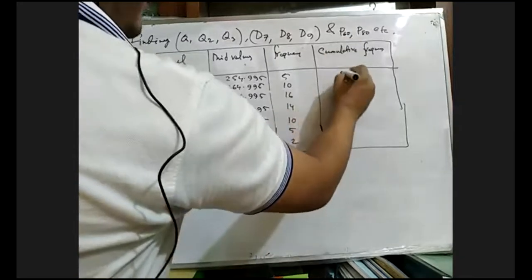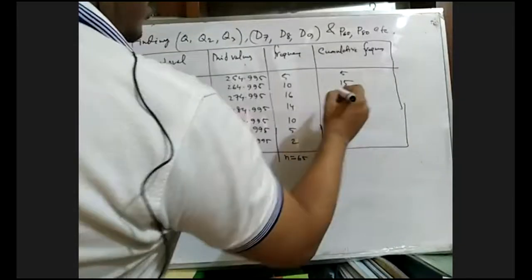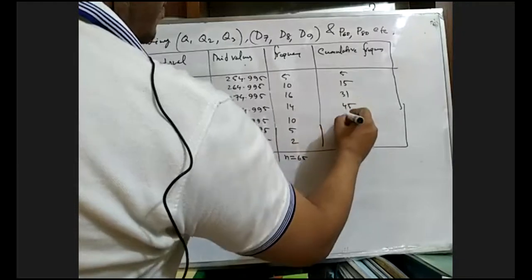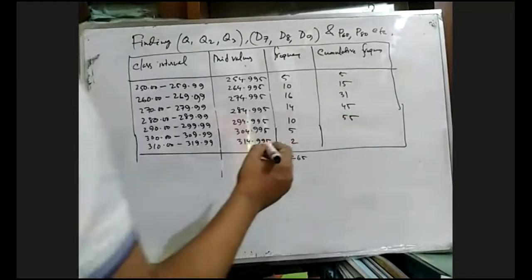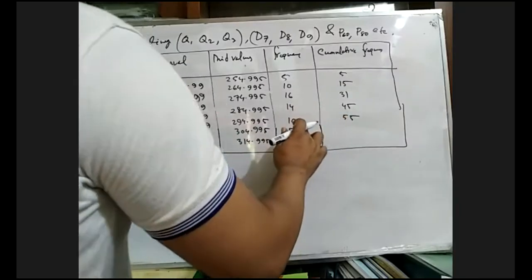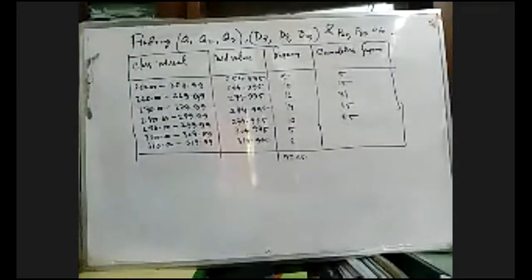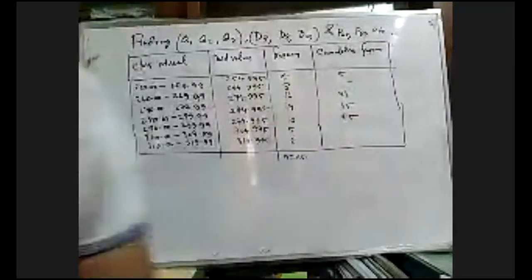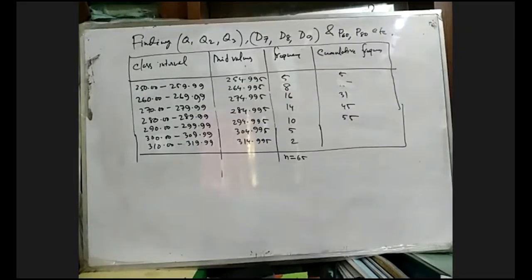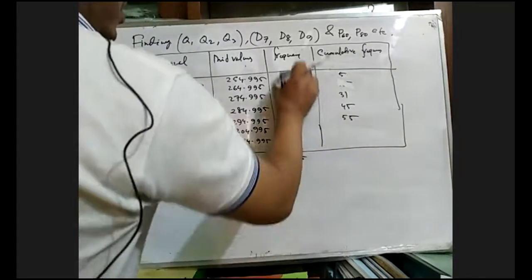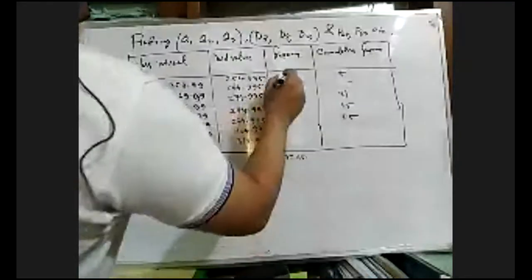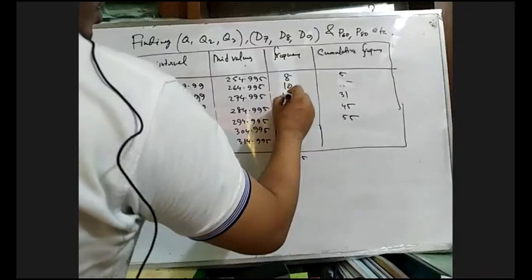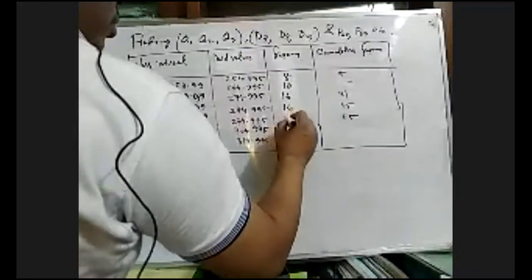So cumulative frequency will be... no, I am maybe wrong. The first one is 8, then 10, 16, 14, 10, 5, 2.